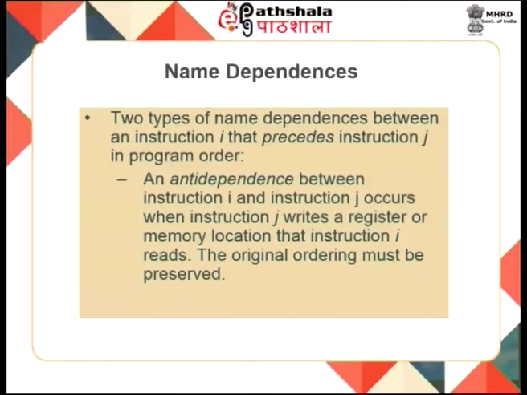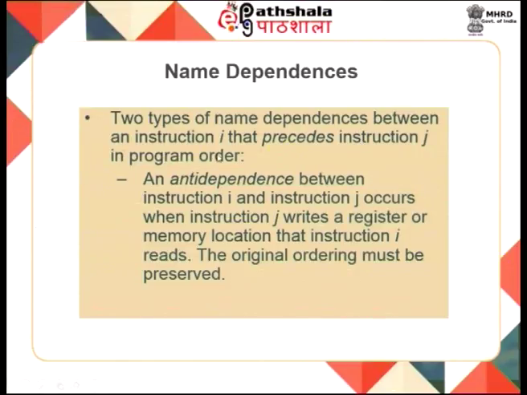In the case of a name dependence, the data is actually not being transferred between two instructions. It is just that the same registers or memory locations are being used by the two instructions. So, that is why it is called just a name dependence. Now, two types of name dependencies exist between an instruction.